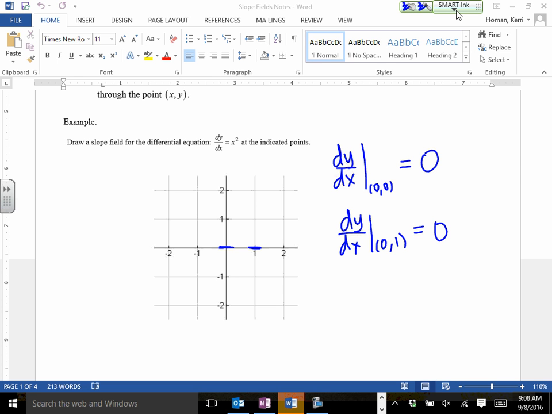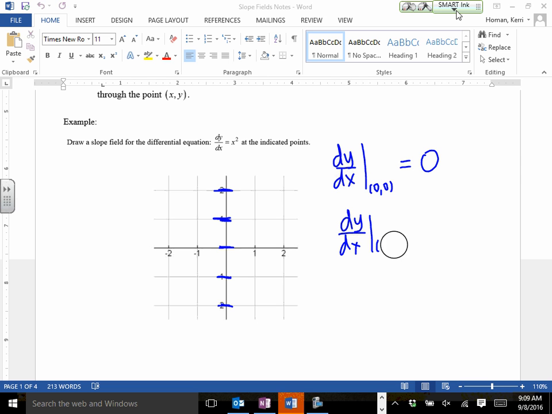Give me another point, Gabby, with a 0 slope. 0, 2. Wait. That's 2, 0. Yeah, that's 2, 0. Thank you. That's why you were looking at me funny, wasn't it? Thank you. Okay, anywhere where x is 0, we have a slope of 0.